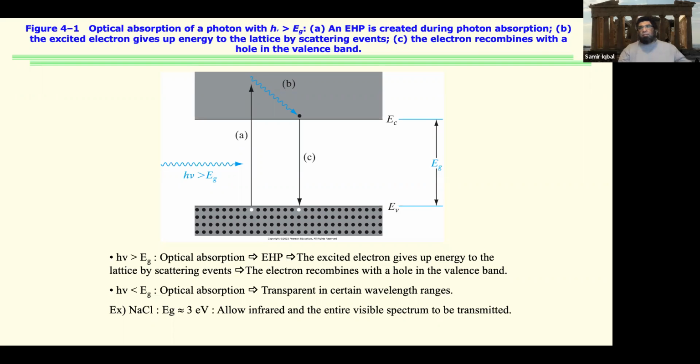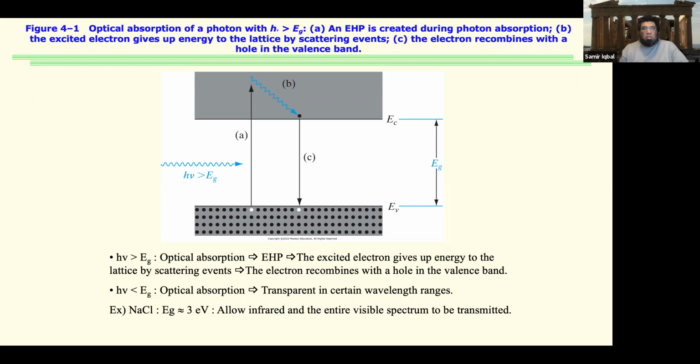So this is the idea behind optical devices or excess charge carriers: the band gap of the material is important because the incident photon would be absorbed only if the energy that's coming in is equal or more than the band gap.